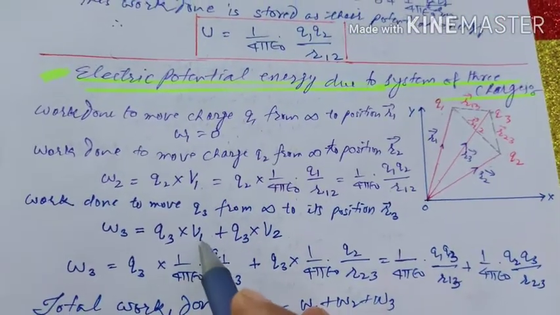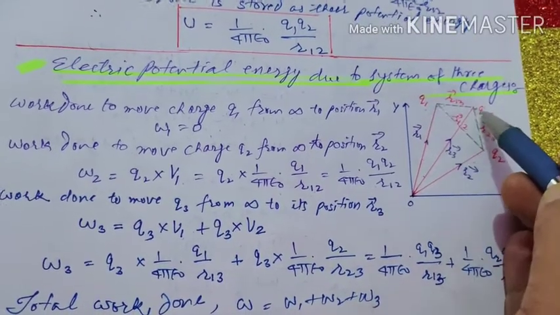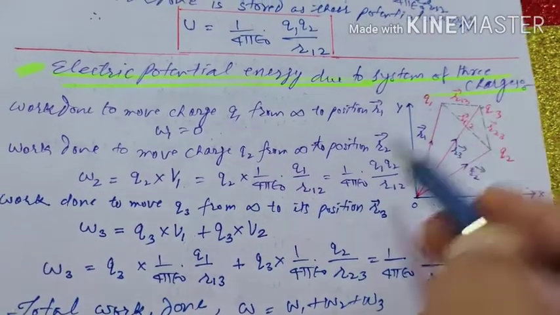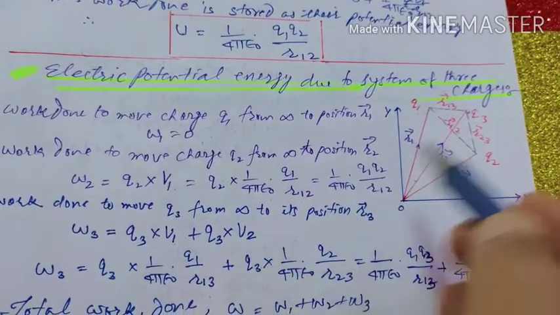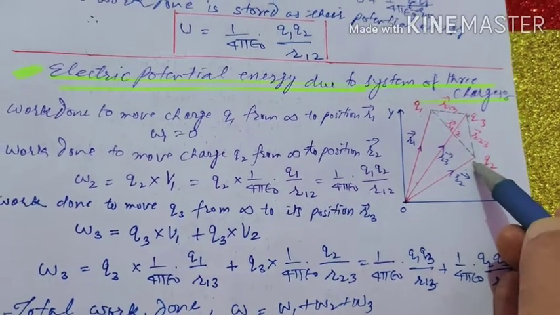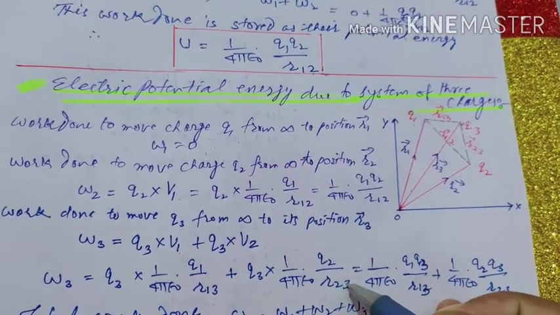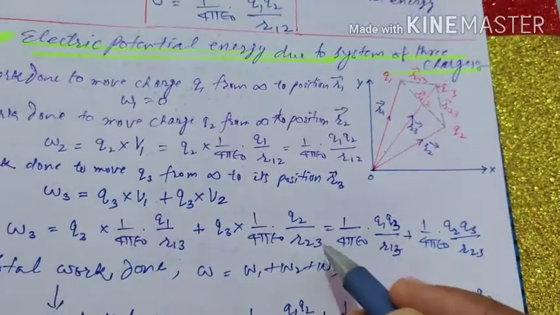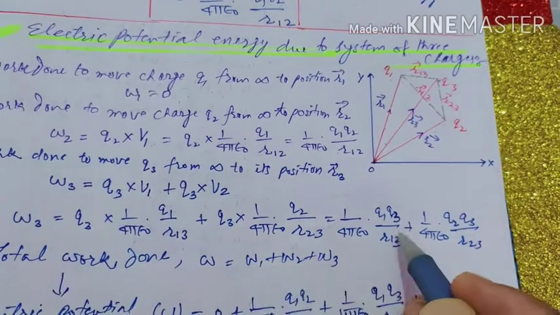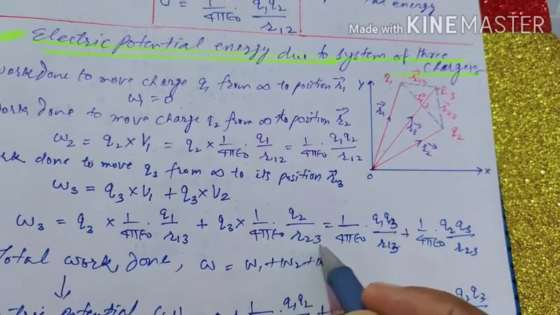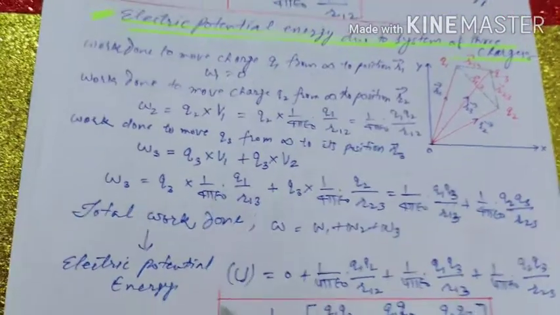For the potential of Q1, the distance is R13, so Q1 upon R13. Now Q3 into V2, where V2 is the potential of Q2, it is 1 by 4 pi epsilon naught, Q2 and the distance between them is R23. So the total work done W3 is 1 by 4 pi epsilon naught, Q1 Q3 by R13 plus Q2 Q3 by R23.